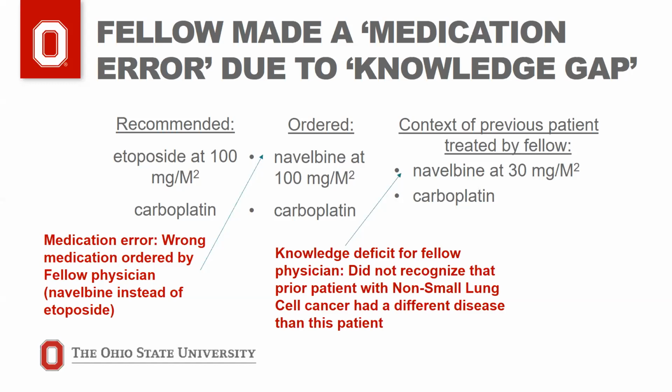For small cell lung cancer, we use etoposide. Okay, and so the fellow ended the conversation with the correct plan of etoposide at 100 milligrams per meter squared plus carboplatin, drove home, went to sleep, went back into the hospital the next day, and flipped back to the medication that was for a different kind of cancer.